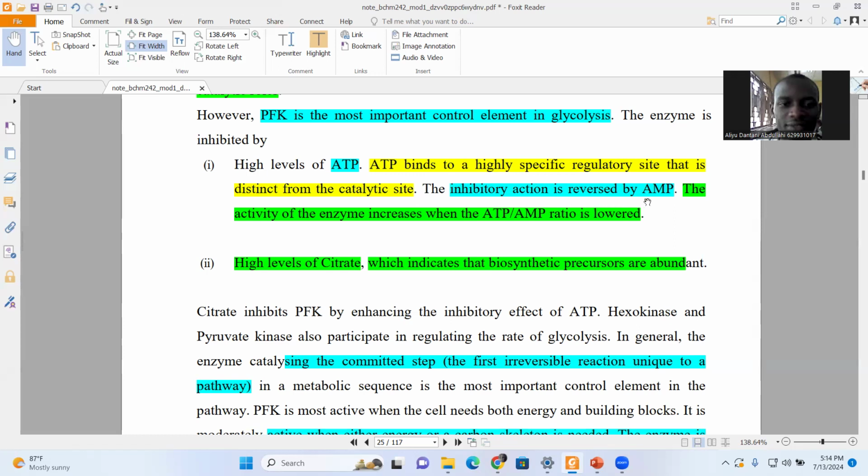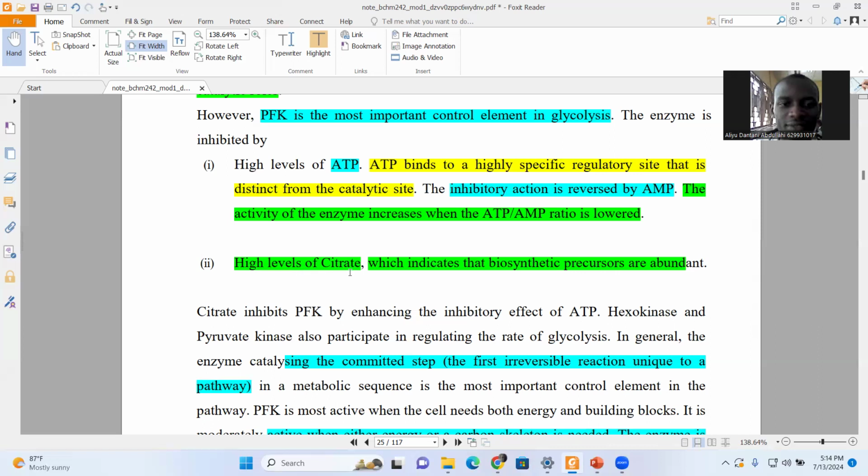The inhibitory action is reversed by AMP, adenosine monophosphate. ATP is the energy currency of the cell. AMP is not. So it reverses the inhibitory action of ATP. When you have low ATP in the cell, AMP will bind to the allosteric site of the PFK and reverse the action of ATP. Basically, that's what we are saying. The activity of the enzyme increases when the ATP-AMP ratio is lowered, of course. Of course, this makes sense, doesn't it?